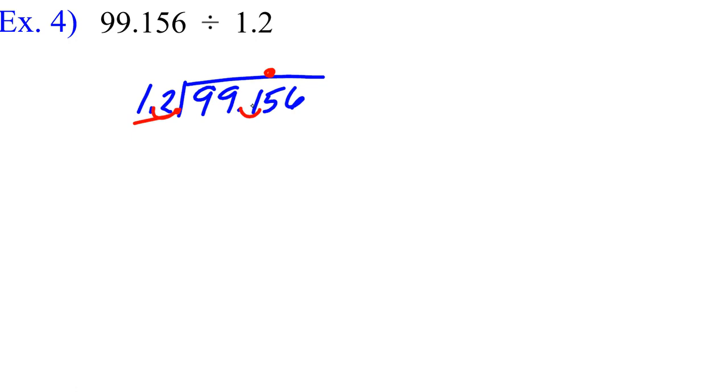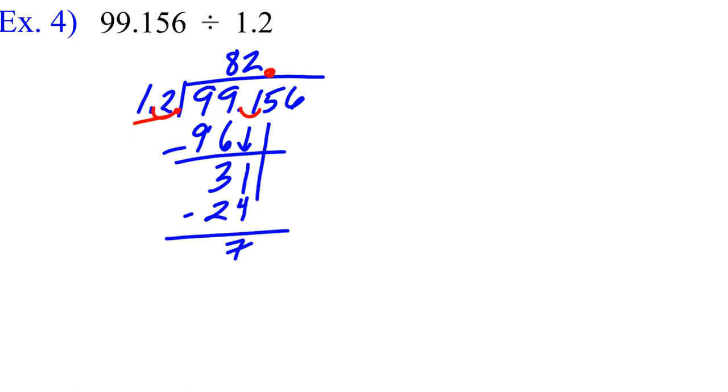So I'm going to come back here and put my 12 into 99 8 times. That gives me 96. Bring down that 1. That'll be 2 times, giving me 24.